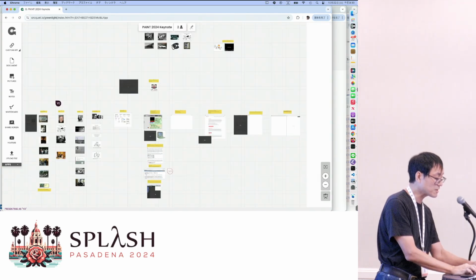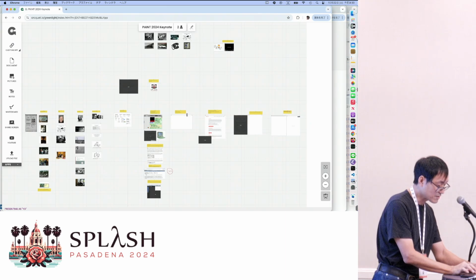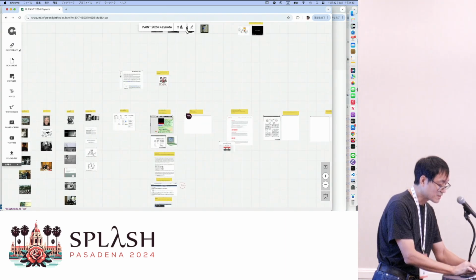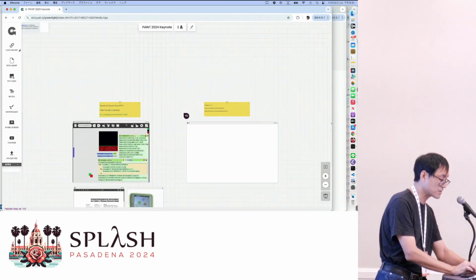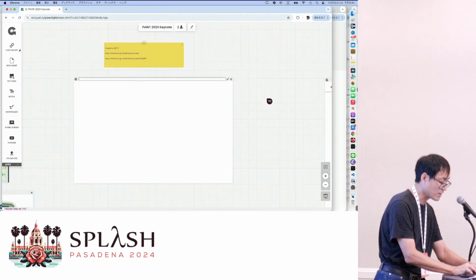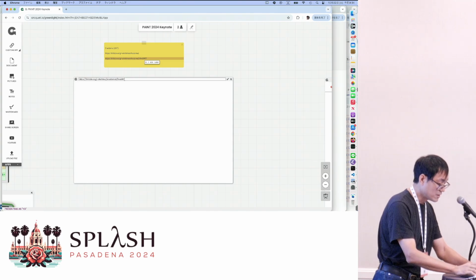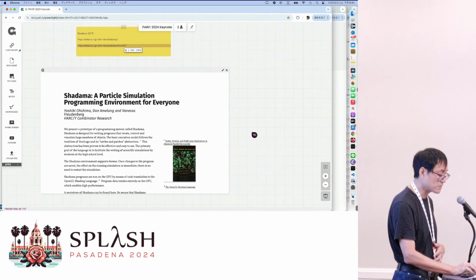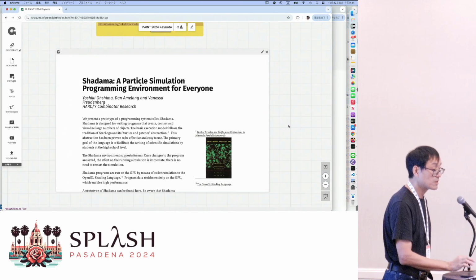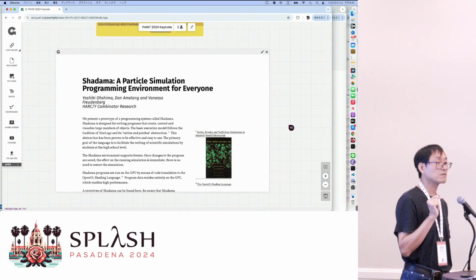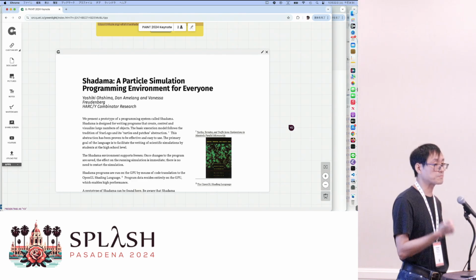And here, come on. I want to show the next thing, which is called Shedama. The Shedama is also a particle simulation, but the starting point was how do we teach science better?